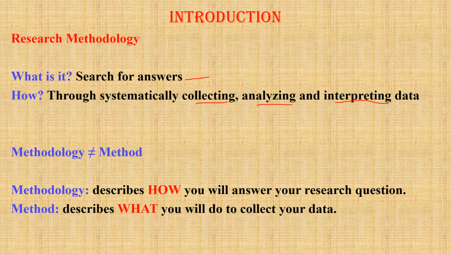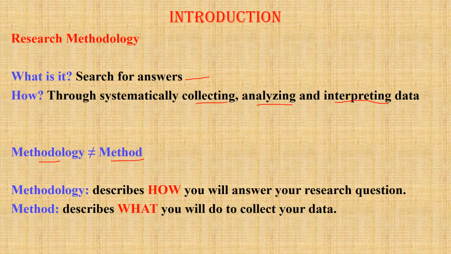So in research methodology, there are two words that we usually use interchangeably. That is methodology and method. But in the real sense, these two words are not exactly the same thing. Okay? So we'll try to distinguish between the two.